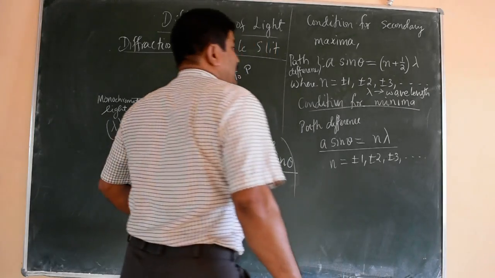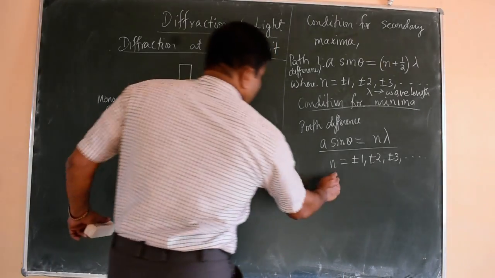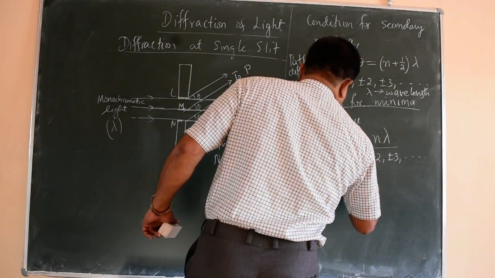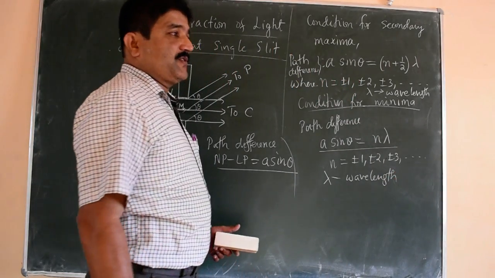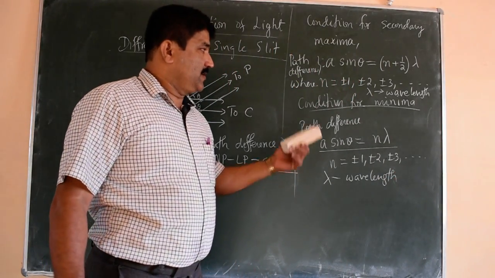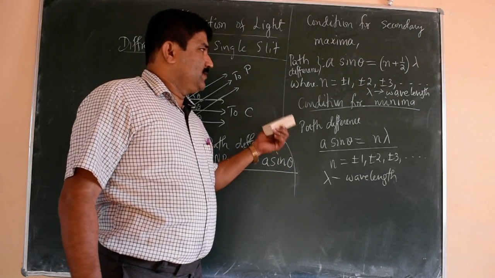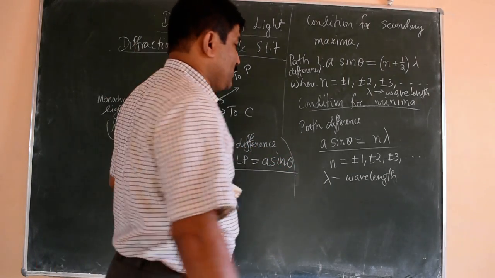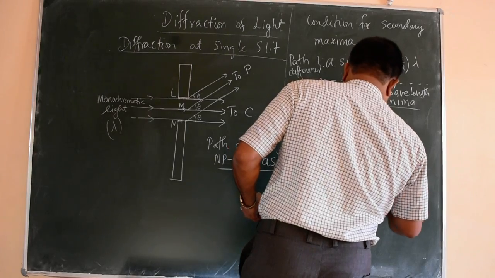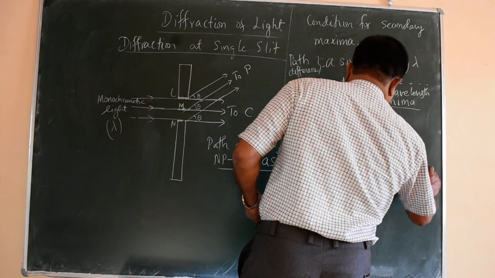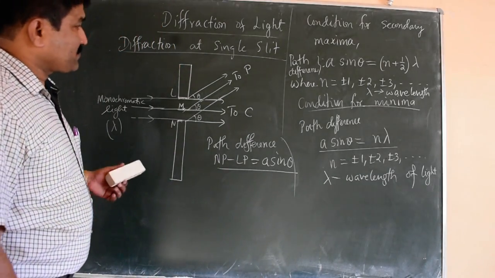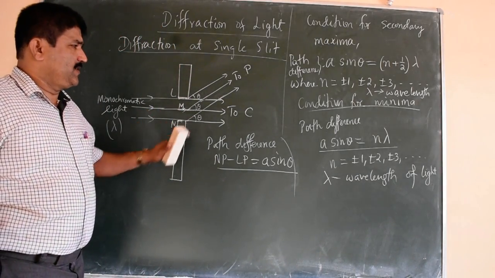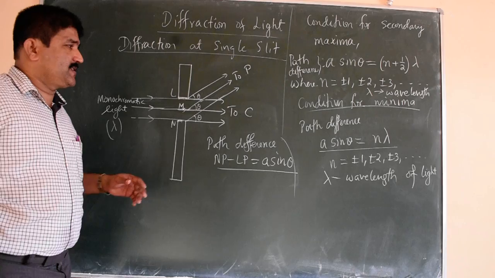Lambda is the wavelength of light. Compulsorily you have to explain the terms. The question will be: mention the conditions for path difference in diffraction for maxima and minima. So that's all about the theory part of single slit diffraction.